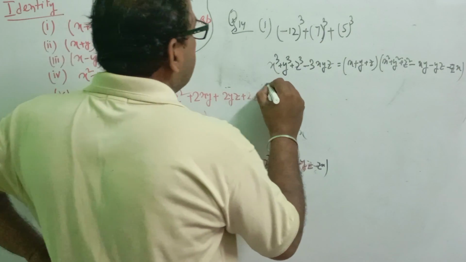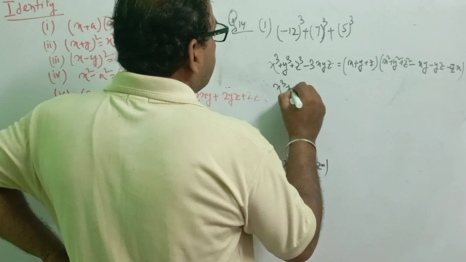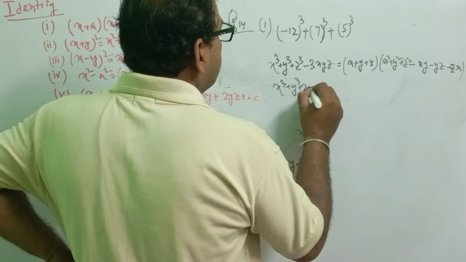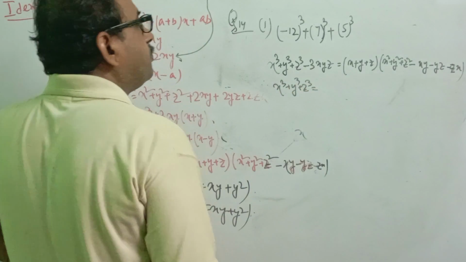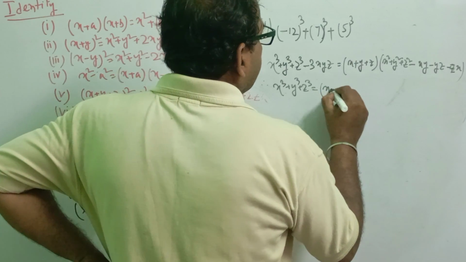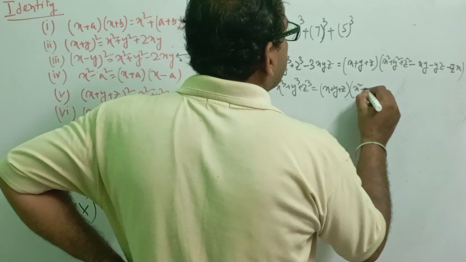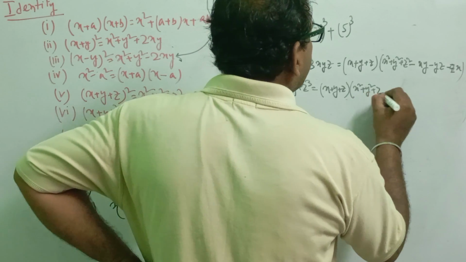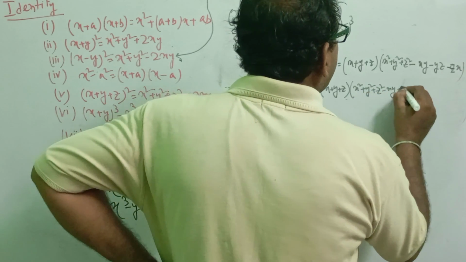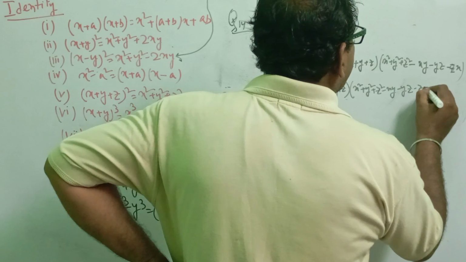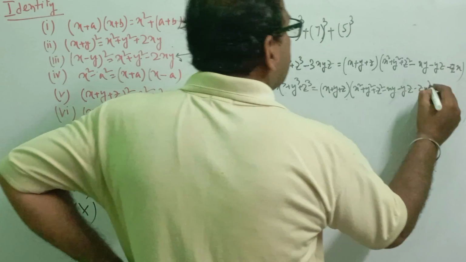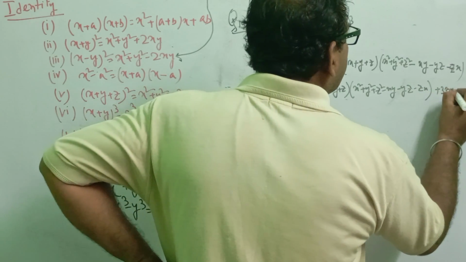So x cube plus y cube plus z cube is equal to x plus y plus z into x square plus y square plus z square minus xy minus yz minus zx, these three go to that side, plus 3xyz.